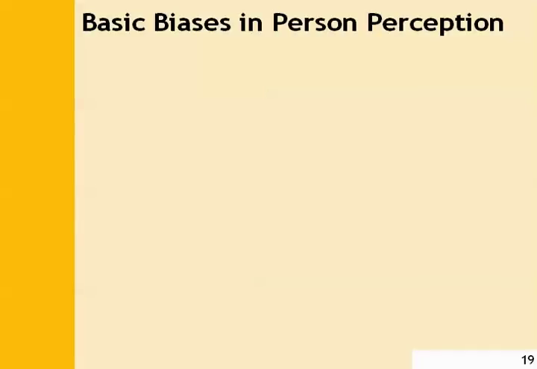Okay, now we will move on to the basic biases in person perception. So these basic biases in person perception refer to some mistakes that we commit when trying to perceive things.